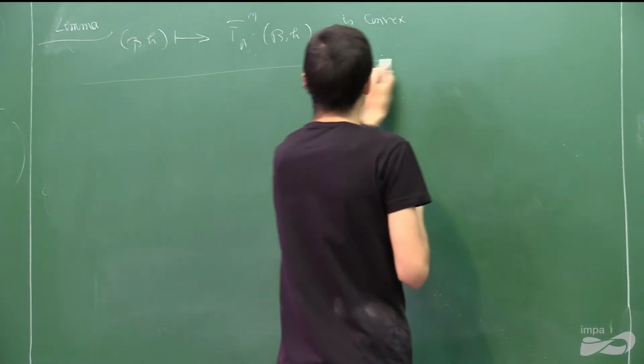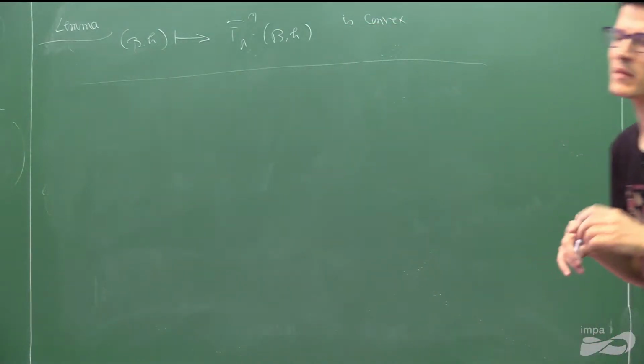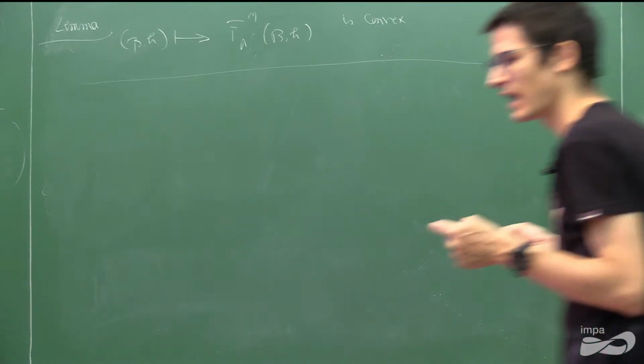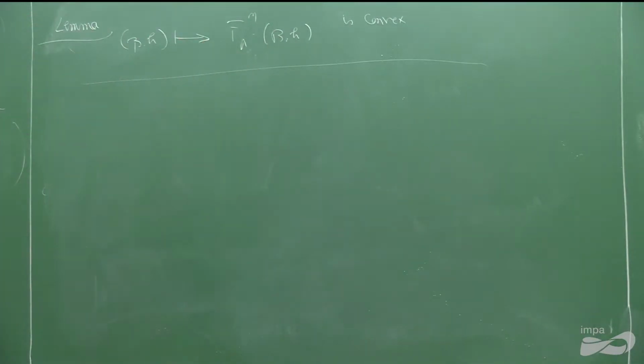What I'm going to do, in fact, is not prove exactly this. I'm going to prove that if you fix h, it's convex in beta, and if you fix beta, it's convex in h, which is strictly weaker. But I think what you get out of this proof is informative.